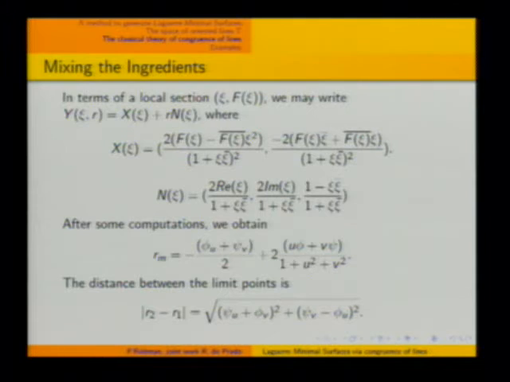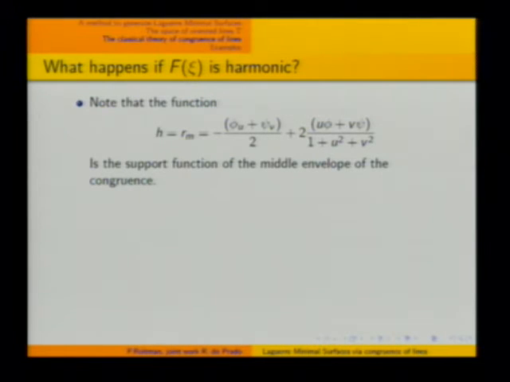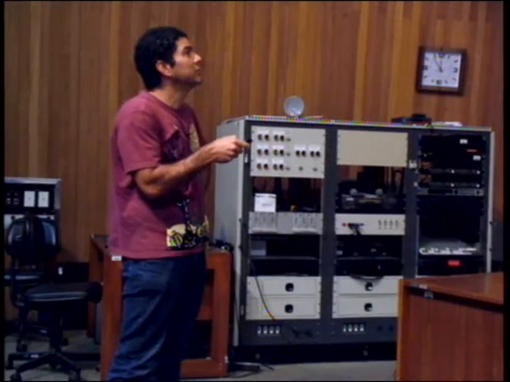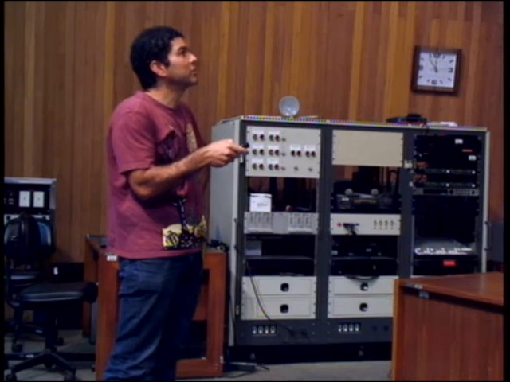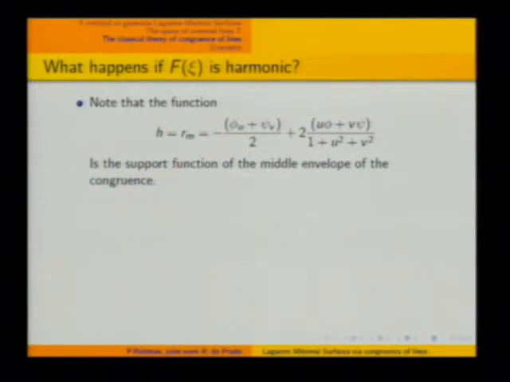And then it's a natural question to see what happens when, instead of holomorphic, you put f as a harmonic map, from an open set of the complex plane into the complex plane. And this function, I'll call it h, is going to be the support function of the middle envelope of the congruence.